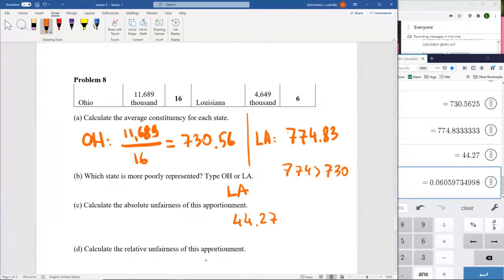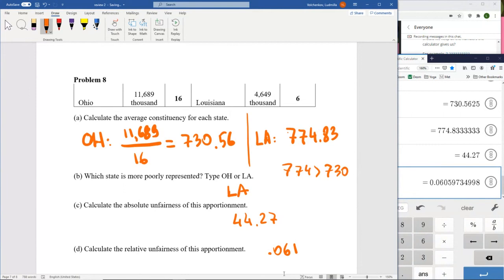Here in the relative unfairness, you must keep 3 digits, because for some states the apportionment is so fair that the unfairness has zeros in the first 2 digits, so we must keep at least 3. 0.06, and after that there is 5, so we round up.